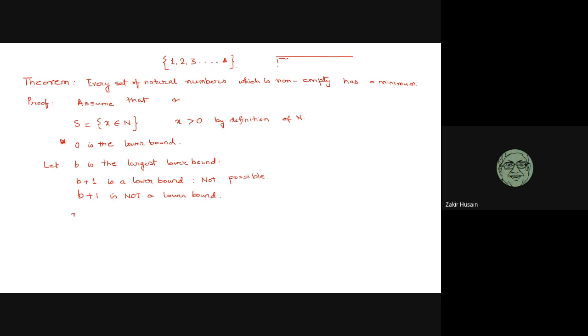Okay. So let us take n less than b plus 1. Now we can have the following possibilities. Now suppose n is the minimum of S. In that case, automatically we have proved it. This set of natural numbers has a minimum.